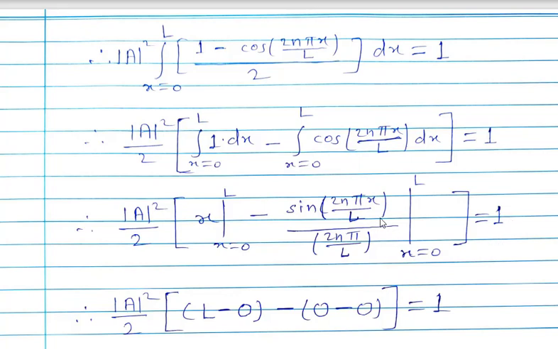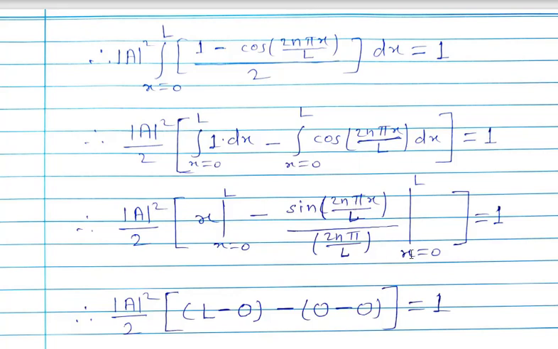Now let's substitute the upper limit and the lower limit of x. We get mod A squared by 2 equal to this. When we substitute the upper limit, it becomes L, and for the lower limit it becomes 0. So this term becomes L minus 0, minus. Whenever we replace x with L, the L's get cancelled. It becomes sine 2n pi, which comes out to be 0.